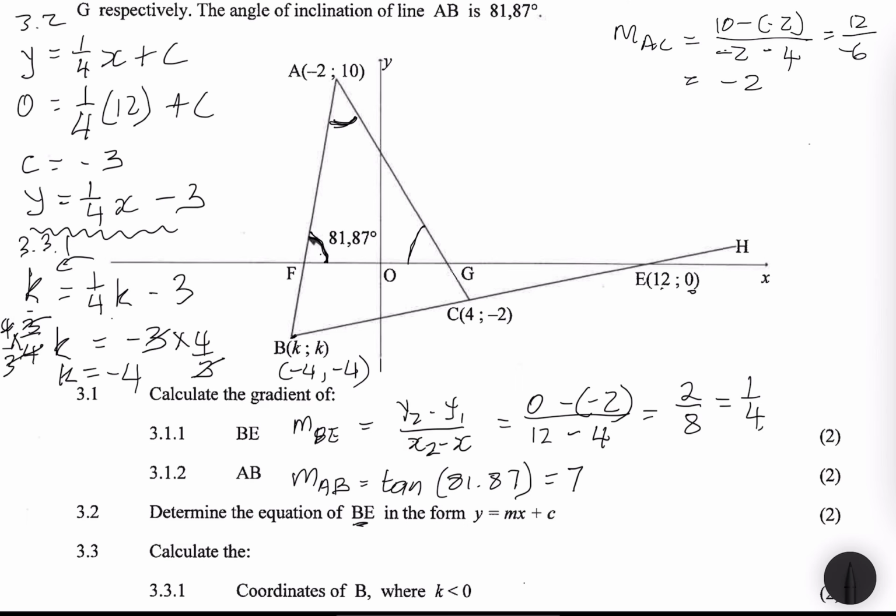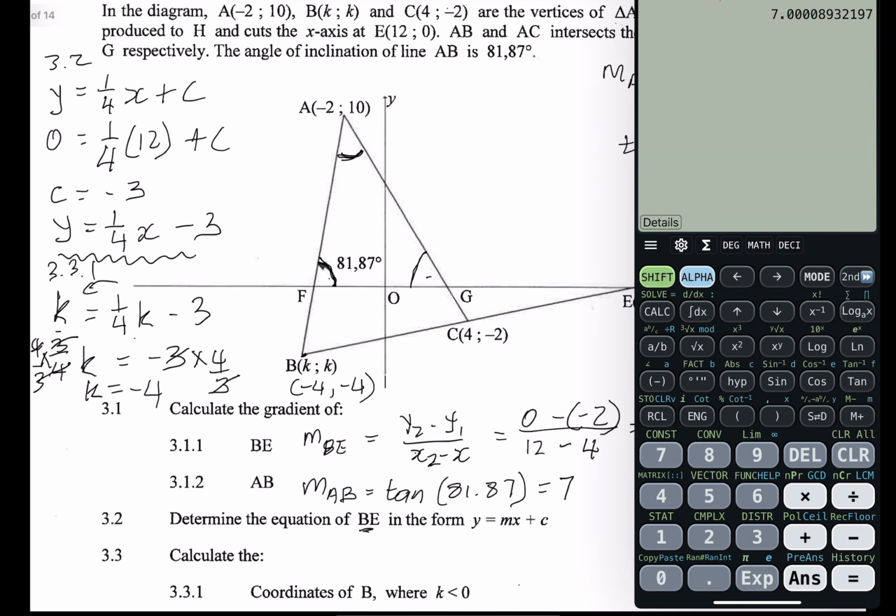In order for me to get this inclination angle there, I know that the tangent of the angle of elevation is equal to the gradient, but my gradient is negative 2. So I'm simply going to say the arctan of negative 2. You'll see that obviously we'll get a negative angle, but I'm going to explain that. So shift tan of negative 2. I get minus 63.43.